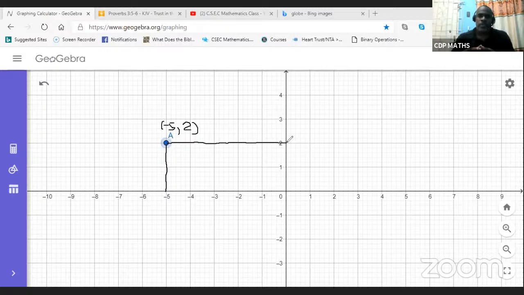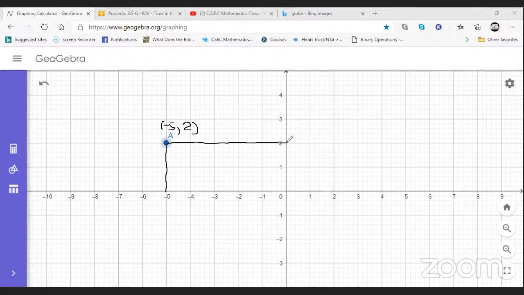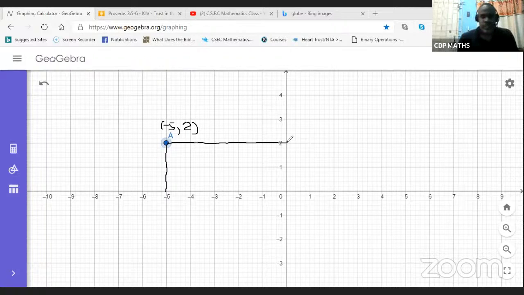If I'm a French person, I'm going to speak French. If I'm a mathematician, I use a particular way of expressing something which you would understand elsewhere in the world. So just know it's a conventional method that they use x first, then y second.